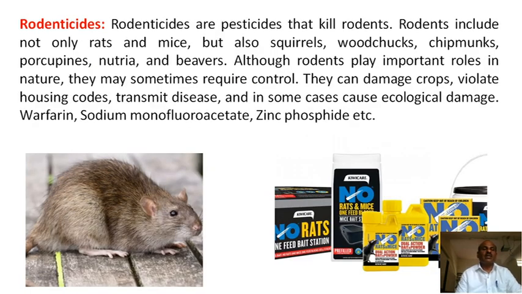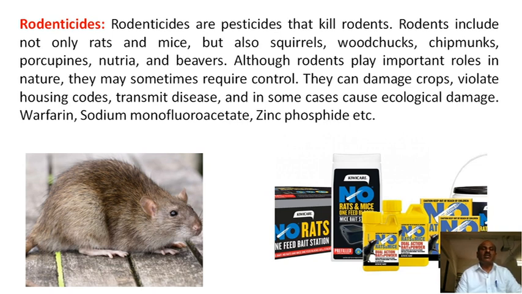Rodenticides: rodents look like, in their physiological systems, human beings. Rodenticides are pesticides that kill rodents. Rodents include not only rats and mice but also squirrels, woodchucks, chipmunks, porcupines, nutria, and beavers.